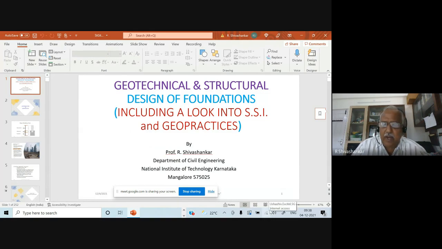First of all, I would like to thank the organizers for giving me this invite. Although I'm more of an academician than a designer and more into geotechnical, we have been working on soil structure interaction. So I'll share whatever that I know.